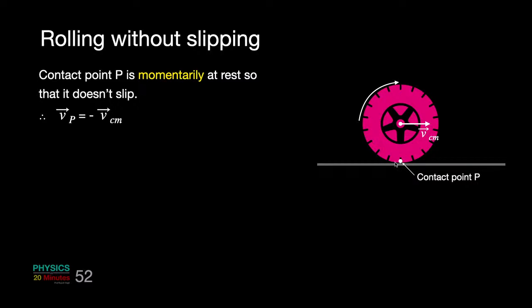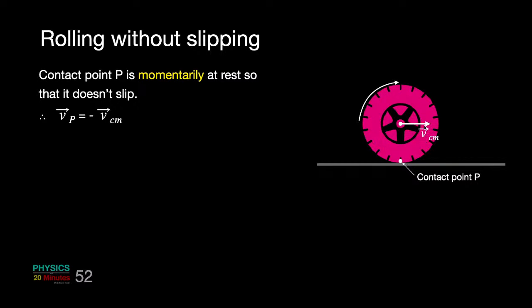So for the rotating body, the velocity of particle P should be a negative of the velocity of the center of mass. As the body rolls, the center of mass will move forward. So the velocity of the center of mass can be shown by Vcm. It is in the forward direction.